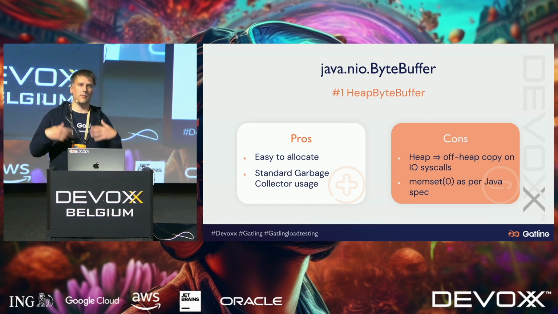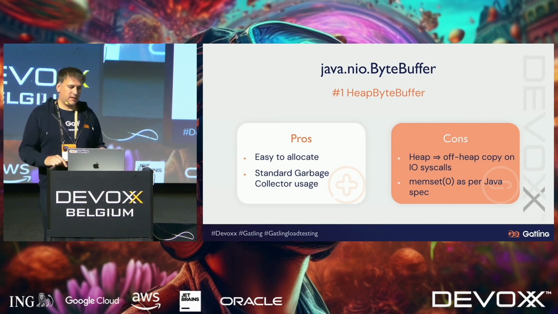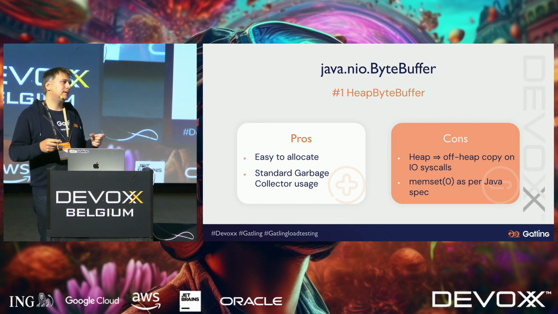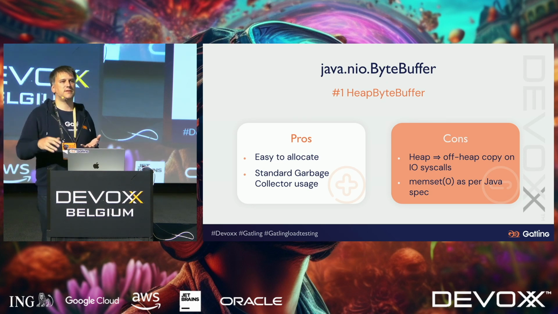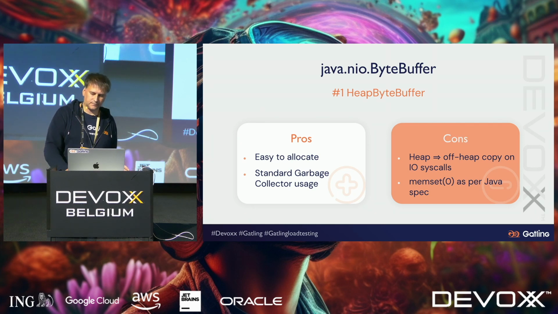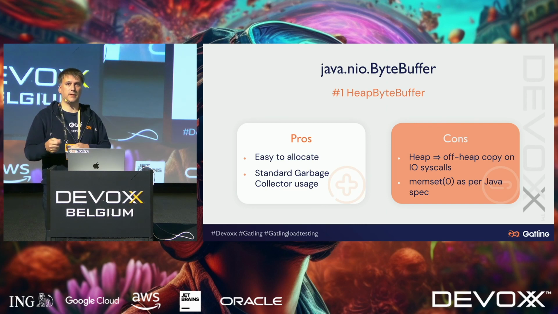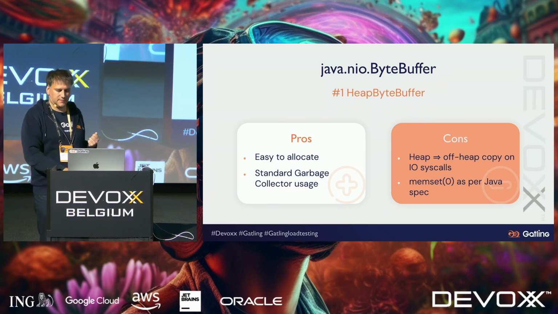So lots of garbage being generated. The other thing is that when you are allocating an array in Java, as per Java specification, the JVM will memset this array with zeros, supposedly for security reasons, debatable. But it means that you will have an extra work of using bandwidth between the CPU and the RAM to do the memset.